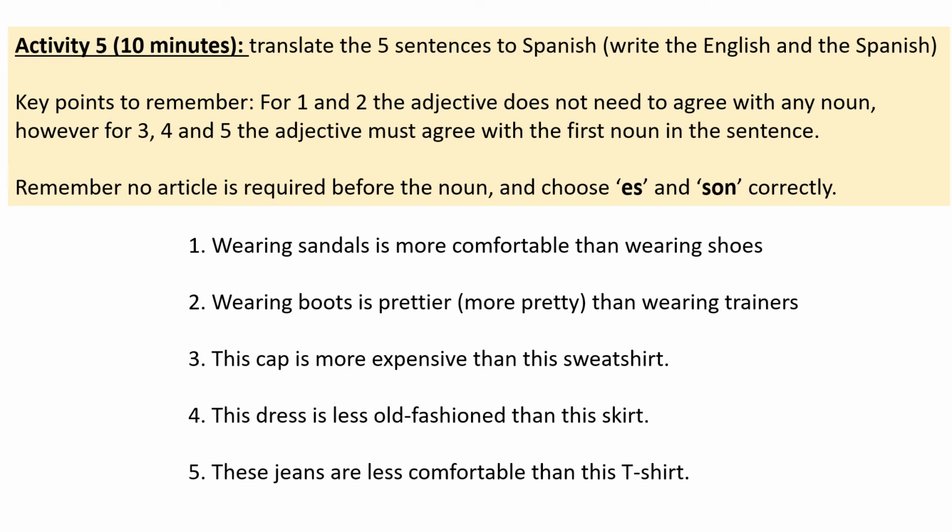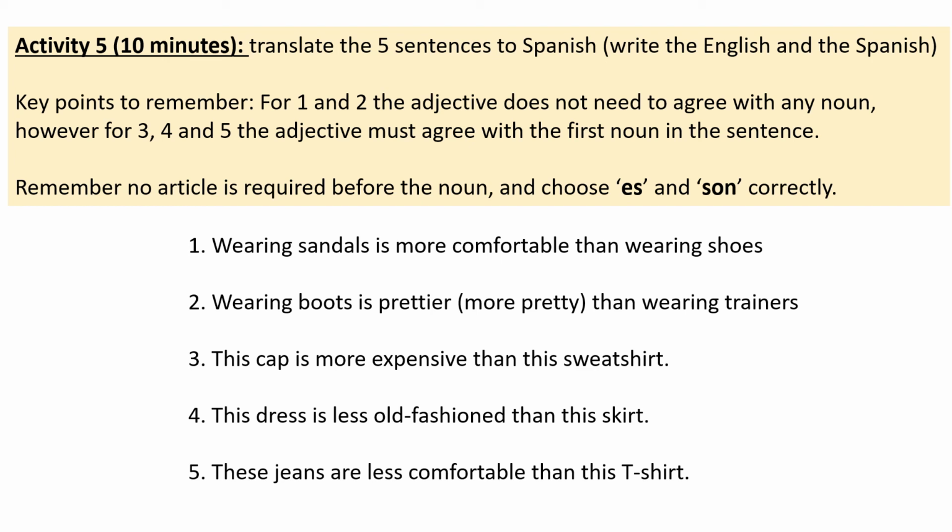Okay, for this next activity, you're now going to translate from English into Spanish, putting all of the grammar you've learnt today into practice. Okay, so the key points to remember when doing these translations is this.